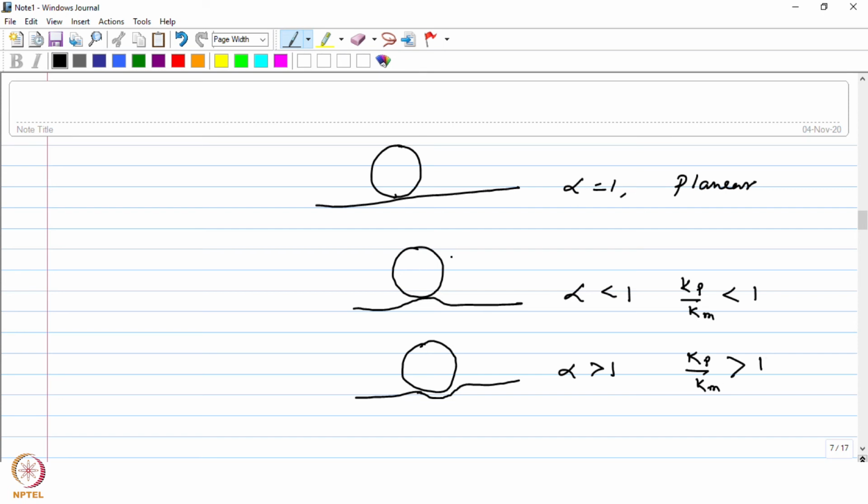So for this scenario, you can easily realize now that the particles will roll down along this bump and the interface will push the particles. So alpha less than 1 will lead to pushing of particles, whereas here you have a trough developed near the particles. So this is going to lead to engulfment of particles.